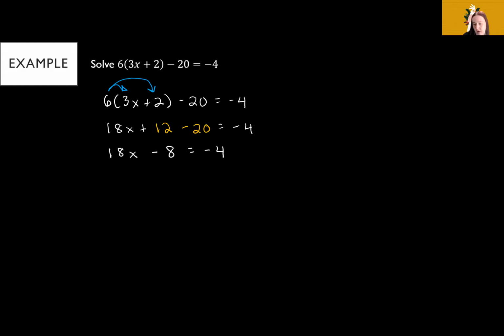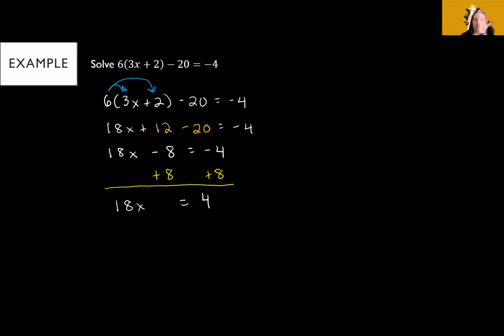Now that I've simplified both sides, my variable is on the left side only, so I'm going to keep it on the left. So I'm going to move the minus 8 to the right. So we're going to add 8 to both sides. So we get 18x equals negative 4 plus 8 is equal to 4.